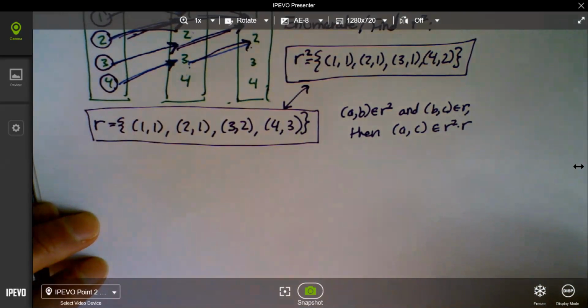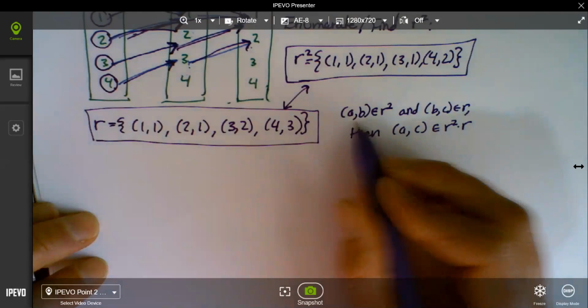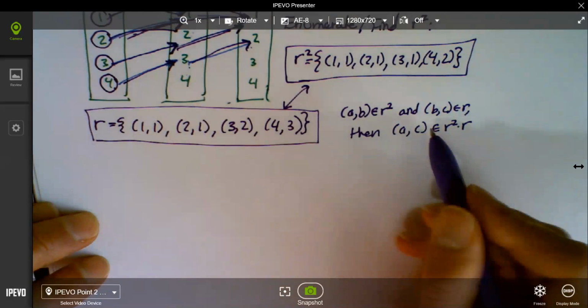In fact, in our definition, it wasn't just an implication one way, it was both ways.